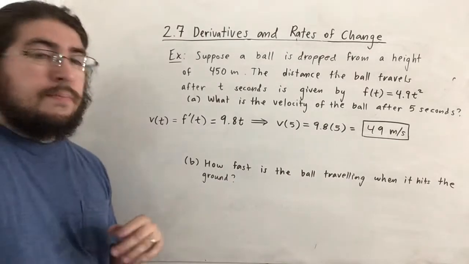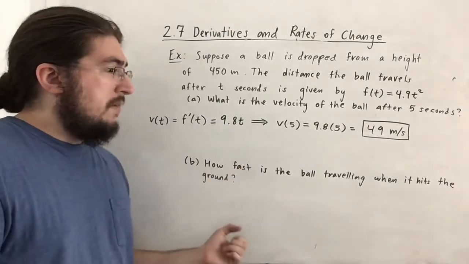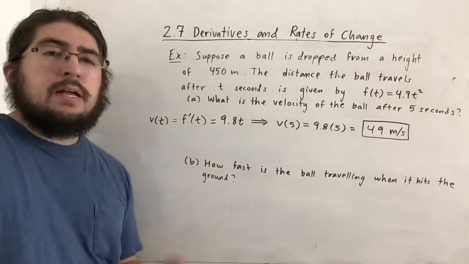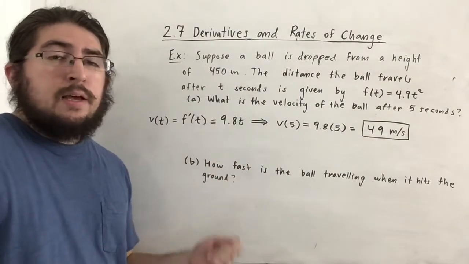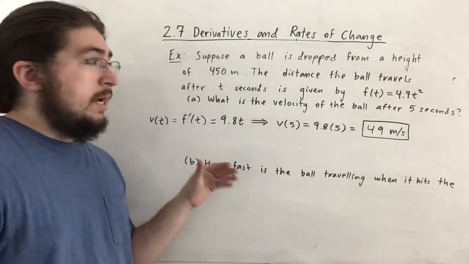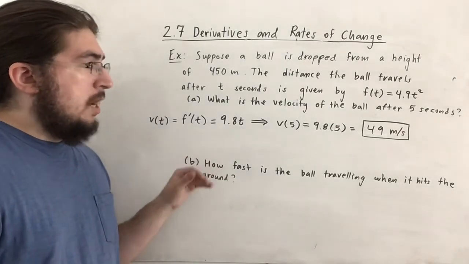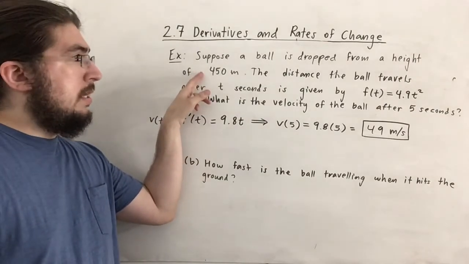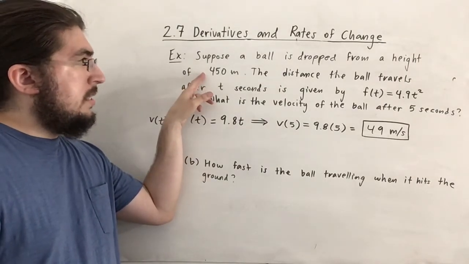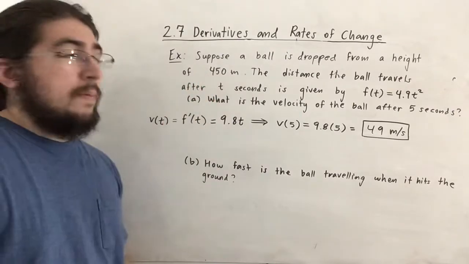And now finally part B asks how fast is the ball traveling when it hits the ground. So it's basically asking what is the velocity after t seconds, where t is the time when the distance traveled is the same as the distance the ball is dropped from.